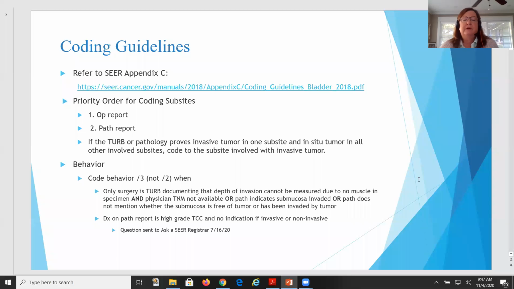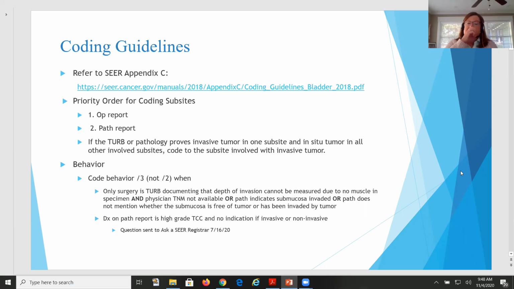For behavior, we have a little bit of a tough time with bladder. One of our very astute editors at the Central Registry noticed some conflicting documentation between the coding guidelines and the instructions in EOD Primary Tumor for bladder.